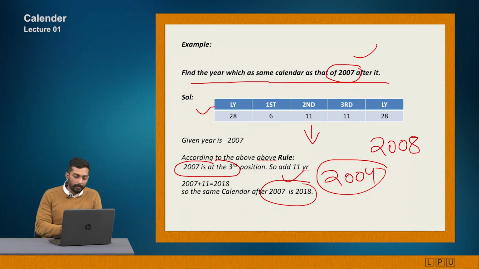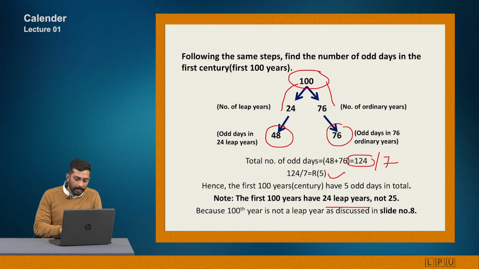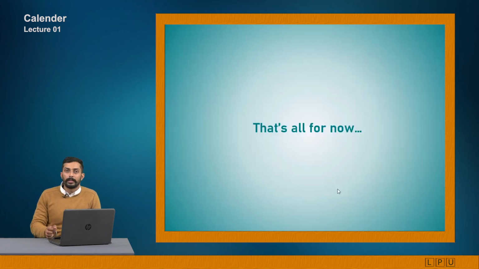Once we go through the concept of odd days, it will give you the answer for every given question. There are two main types of questions: finding the day on a given date, or finding the same calendar for the given years. So for this session, calendars are done. That is all for this. Thank you.